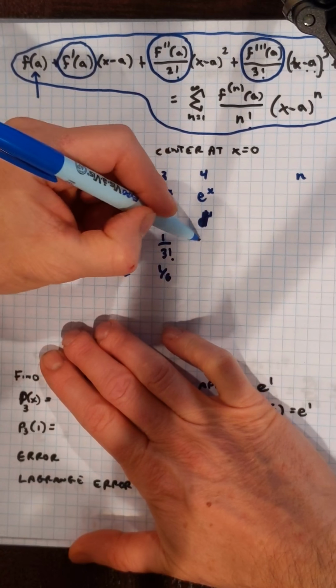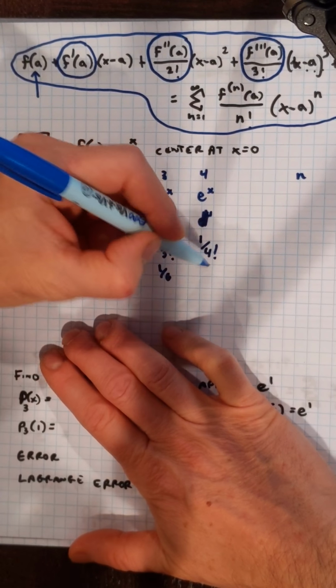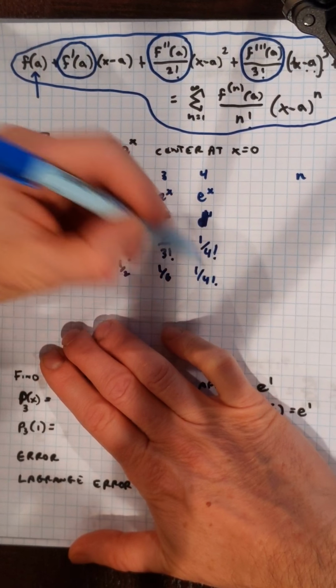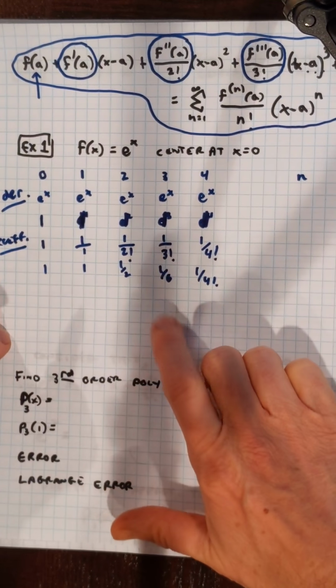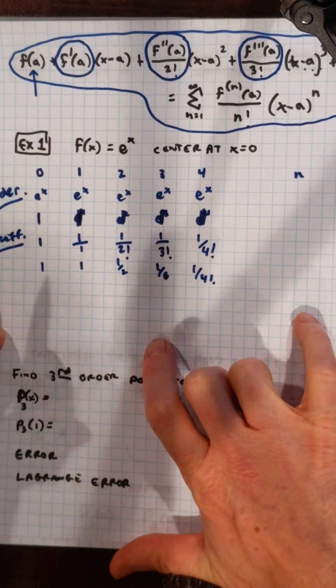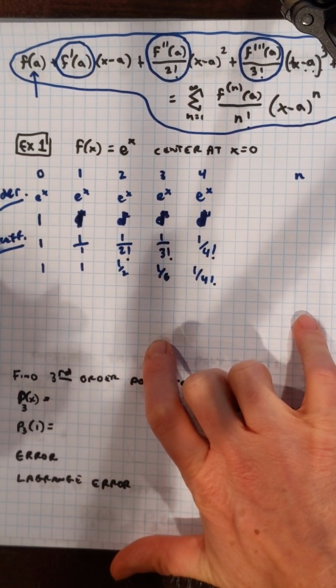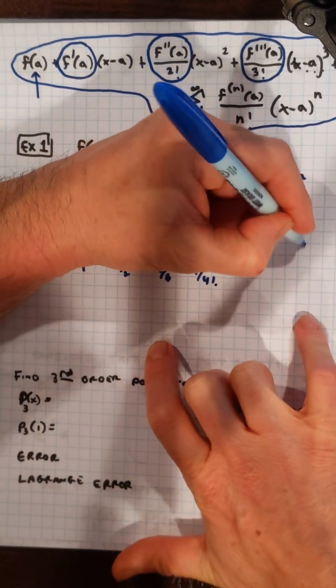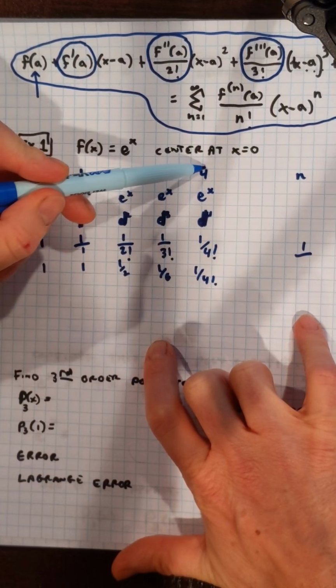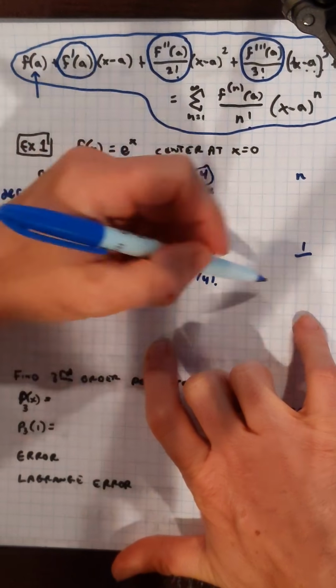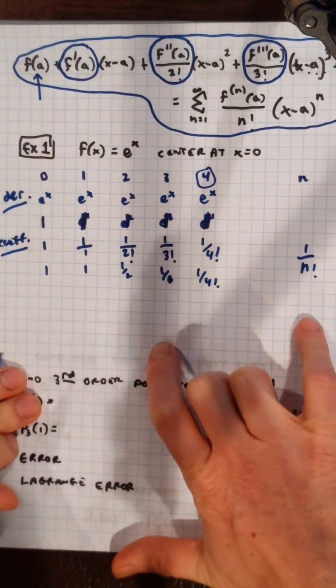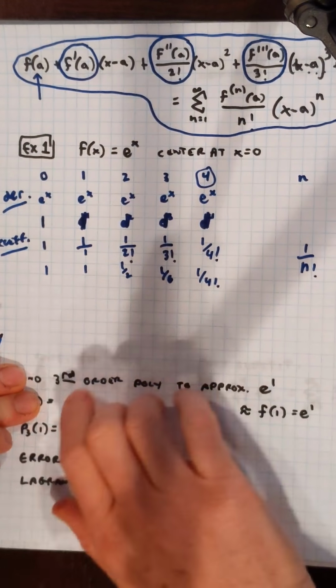And then 1 divided by 4 factorial. I'm going to leave it as 1 over 4 factorial. Typically we do that. I should have left that as 3 factorial, but it was so simple. So the coefficient is always 1 over n factorial. That's my coefficient, and its general term.